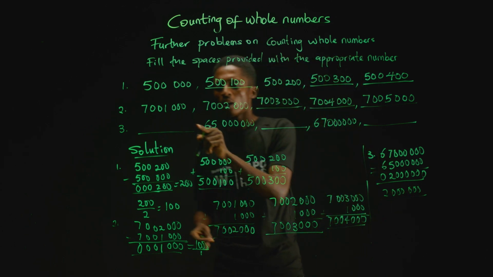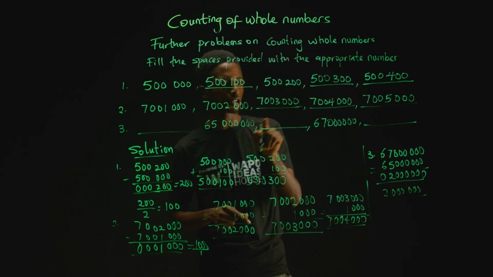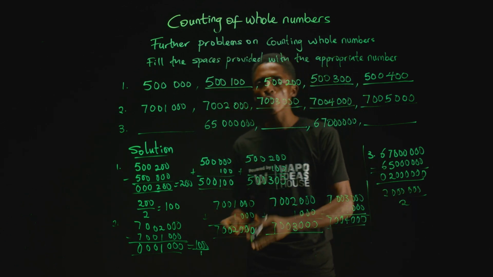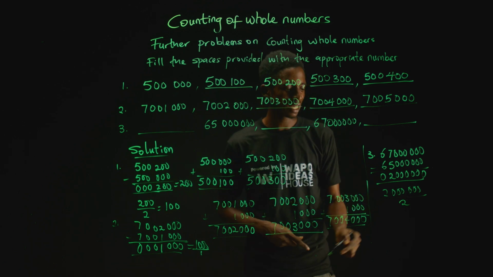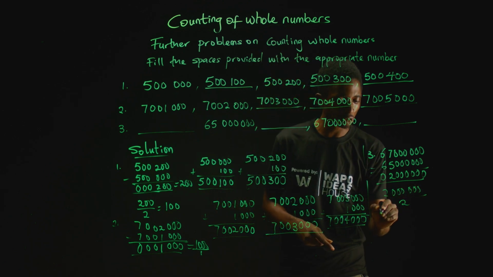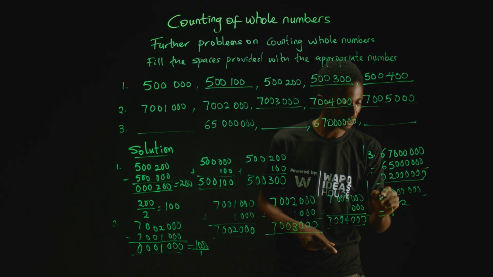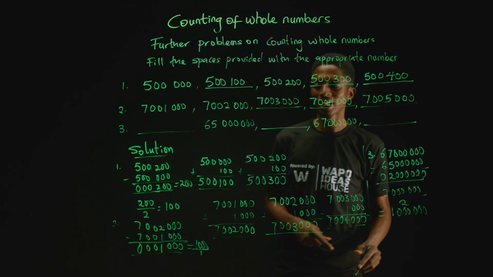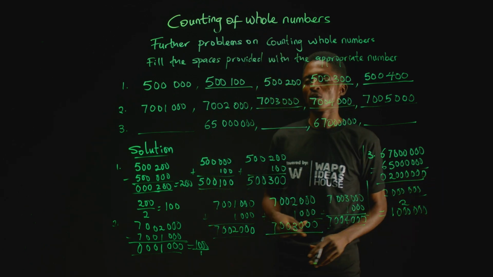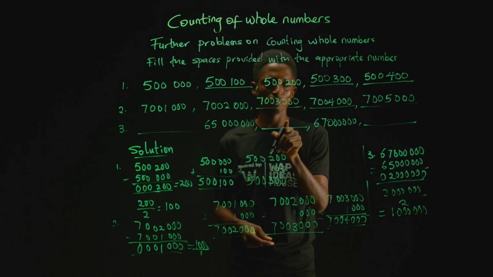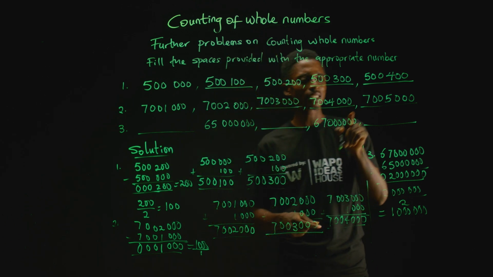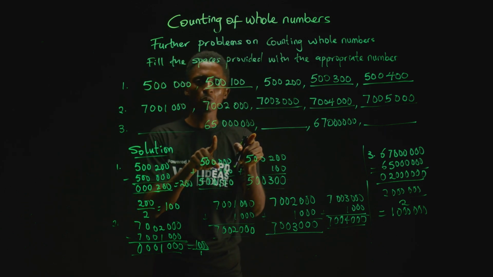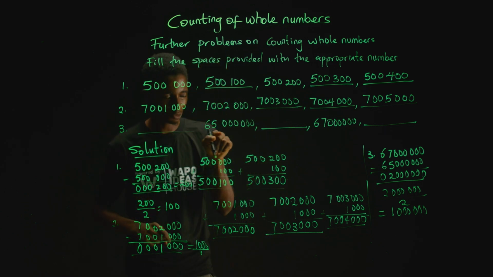Now remember, since they are 2 steps apart from each other, we divide this by 2 to know what we add in increments per step. And when we do that, this gives us 1 million. So to this, you add 1 million. To this, you add 1 million. But because this comes before this, what do we do this time? You subtract. Good.